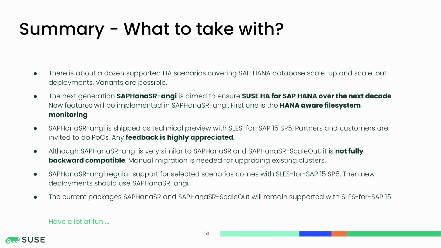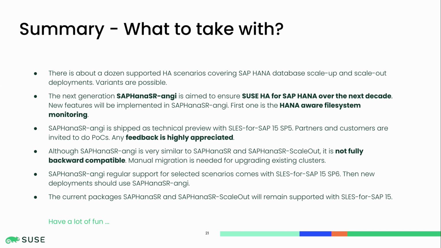And the first improvement is this new file system resource agent. We already have some more improvements to decrease downtime on flaky infrastructure even further. We cannot talk about this today, but maybe in a few weeks, definitely next year at SUSECON, you will learn more. We highly appreciate your feedback.